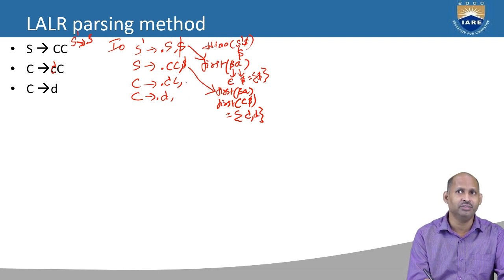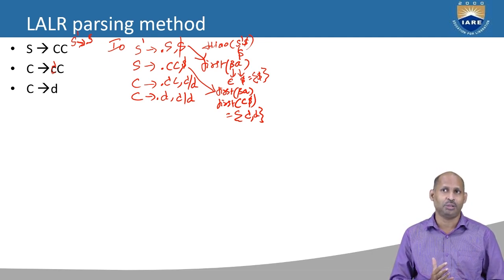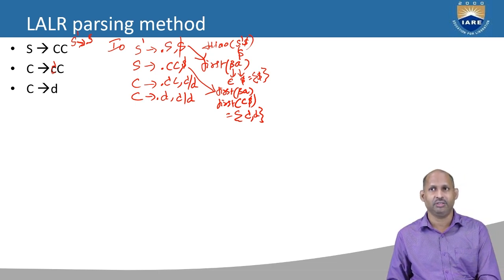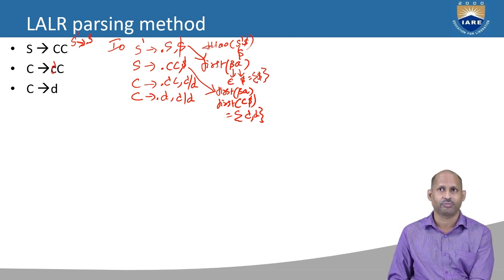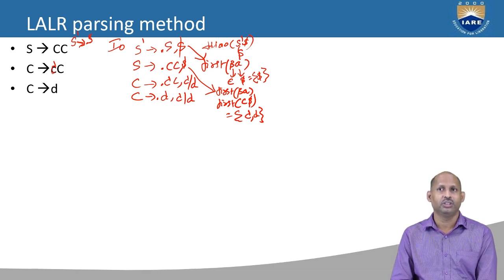So simply we write terminal c slash d, since first of beta a results in terminal c and terminal d. So we add them here.